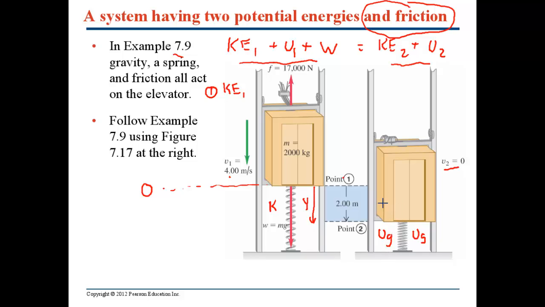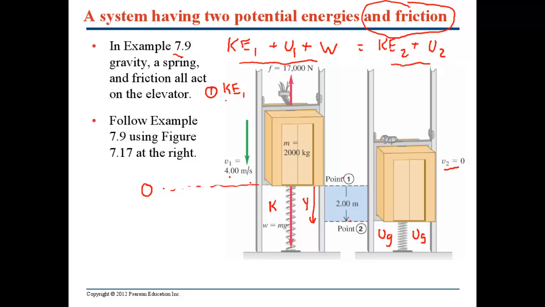It's going to be negative because I am below my starting point, but that's okay. The numbers will work themselves out. I could have just as easily defined my 0 point to be right down here, and up here I would have written some potential energy due to gravity at point 1.